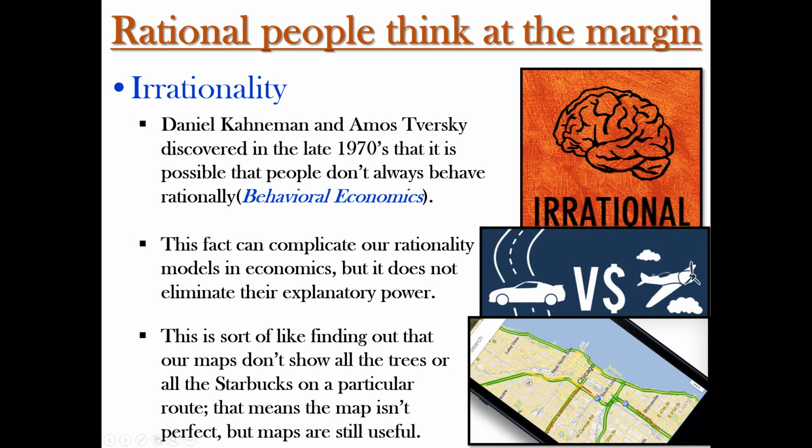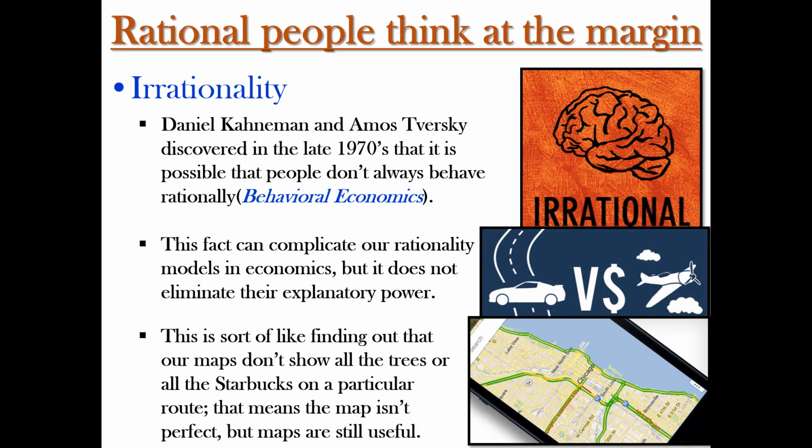But if you're lost in Chicago, don't you think this imperfect map will still help you find where you need to go? At least it'll be somewhat helpful, if not incredibly helpful. Of course it would be, right? Maps, even though they don't have all of the information we might need or want, can still be incredibly useful for helping us get where we need to go, especially if we're lost.